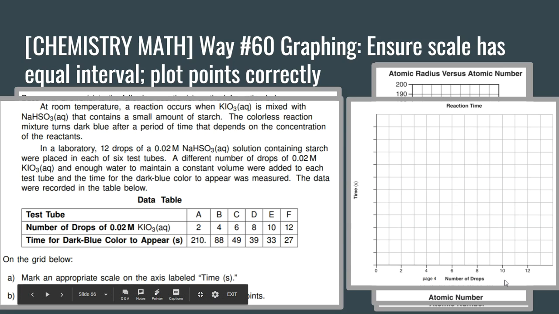So fortunately, it provides you with the number of drops on the x-axis. All you have to do is come up with an appropriate time. So think about the number of lines present and what you should count by in order to accommodate the time for the dark blue color to appear. Now please note, whatever scale you use, it has to accommodate up to 210 seconds.